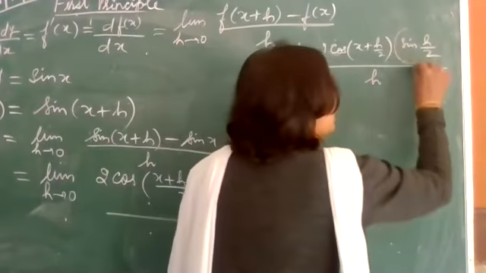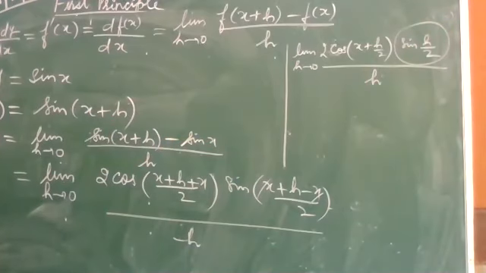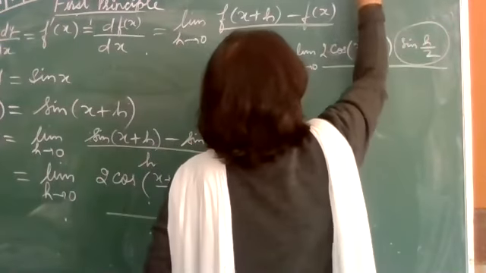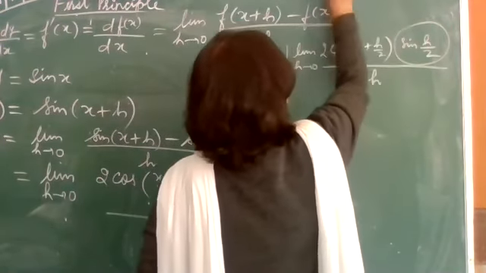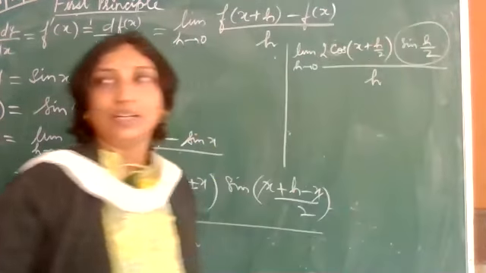As we see this sin x, we will try to make it as limit h tends to 0 sin x upon x. बहुत ही important geometric limit that we have studied. Limit x tends to 0 sin x upon x equal to 1.